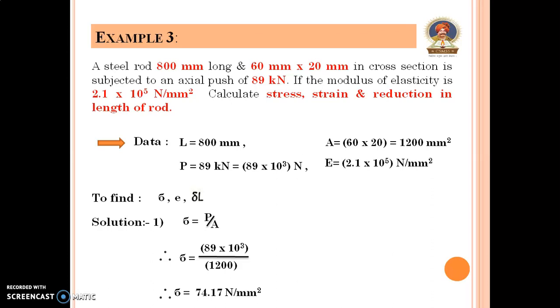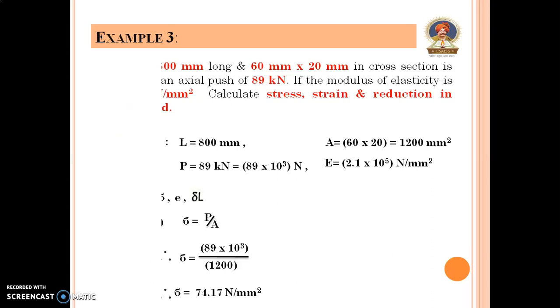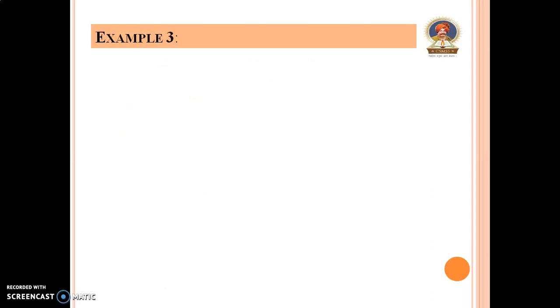Now we are going to calculate strain. We know that strain is equal to delta L upon L. So first of all here we have to calculate delta L. We know that delta L is equal to PL upon AE. Here P upon A is nothing but stress.